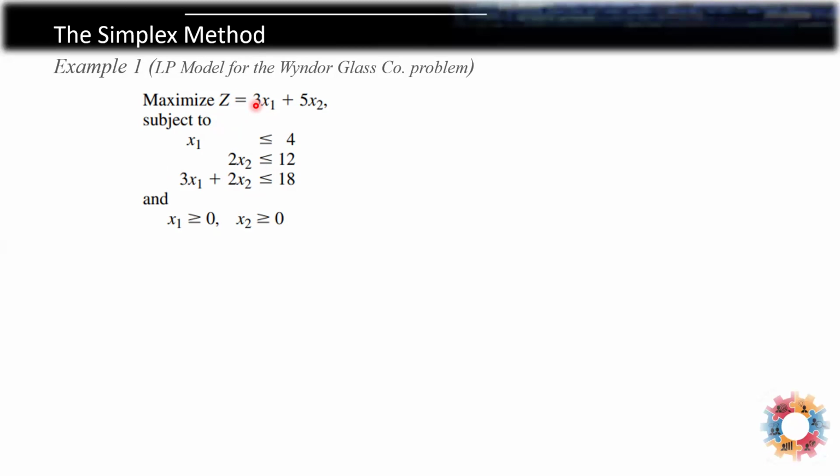And then your functional constraints are x1 less than or equal to 4, 2x2 less than or equal to 12, 3x1 plus 2x2 less than or equal to 18, and your non-negativity constraints: both x1 and x2 are non-negative.